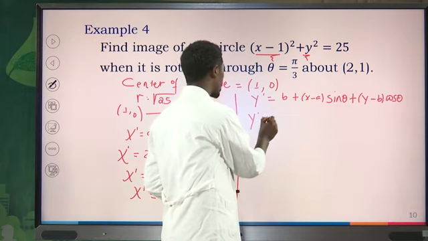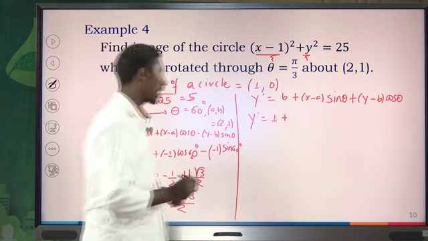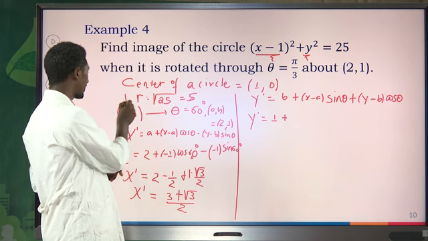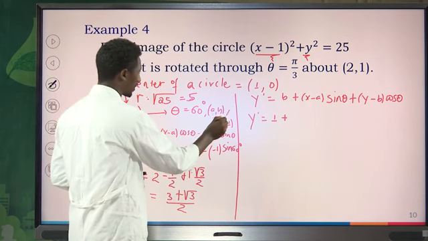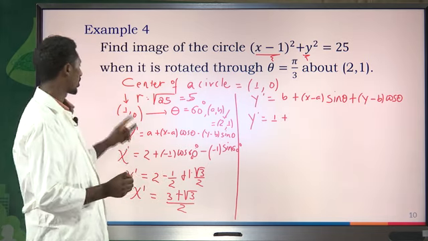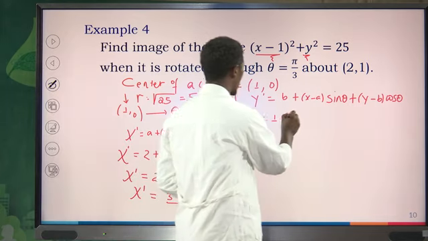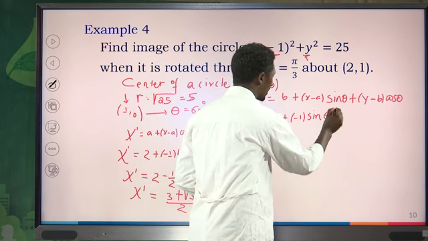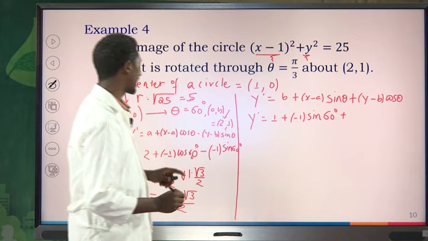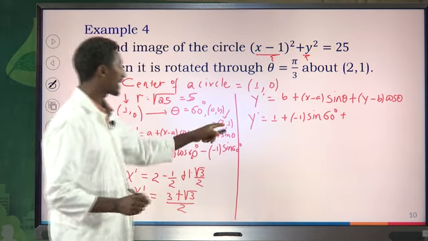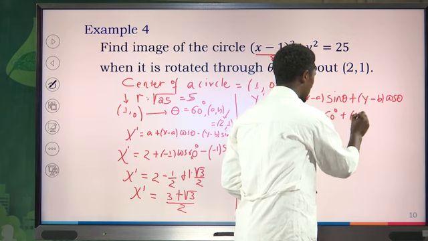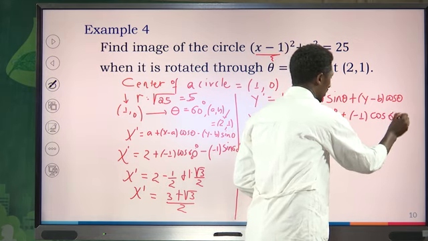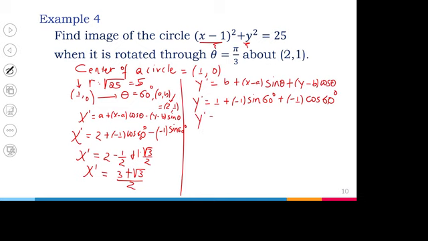Therefore, y prime equals 1 plus (x minus a). x minus a: we have x here, and a is 2, so 1 minus 2 is minus 1, times sine of 60 degrees, then plus (y minus b). y is 0 minus 1, that is minus 1, times cos 60 degrees. Therefore, y prime equals 1.